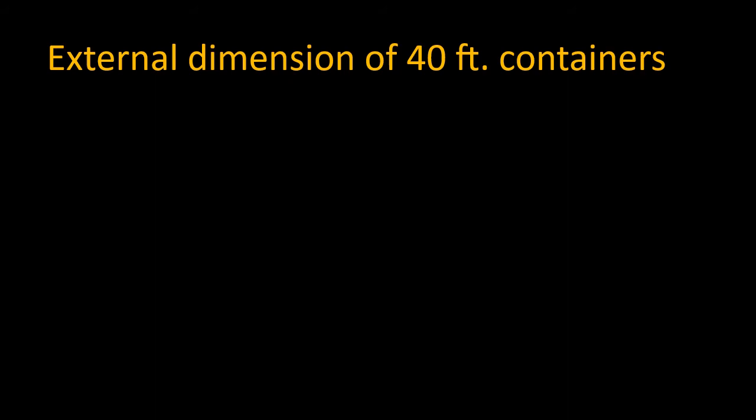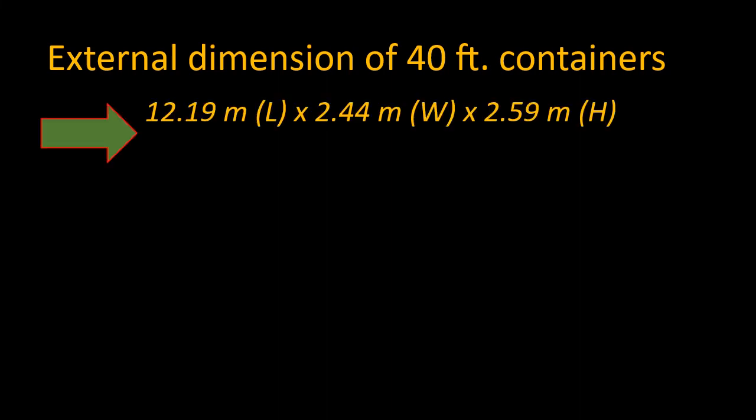Let's examine the dimension of a 40-footer container. The external measurement for a 40-footer container, in meter, is 12.19 meters length times 2.44 meter width times 2.59 meter in height.